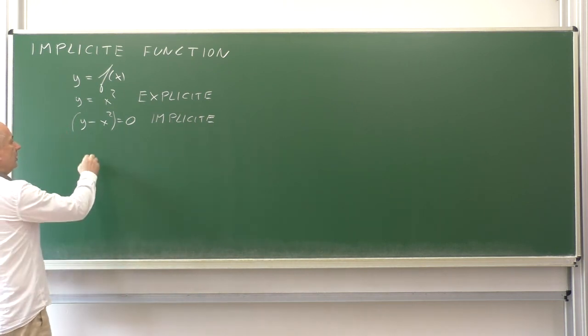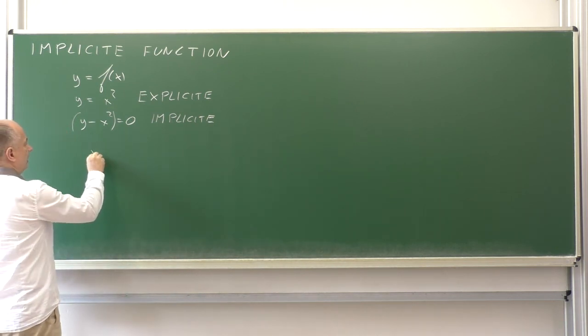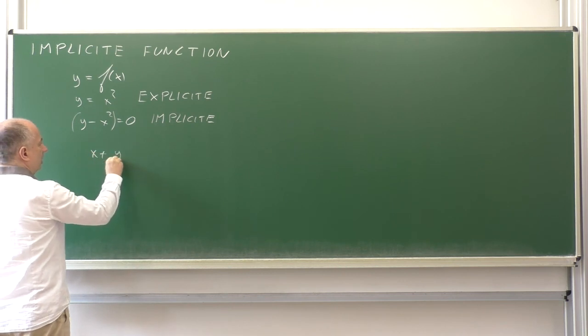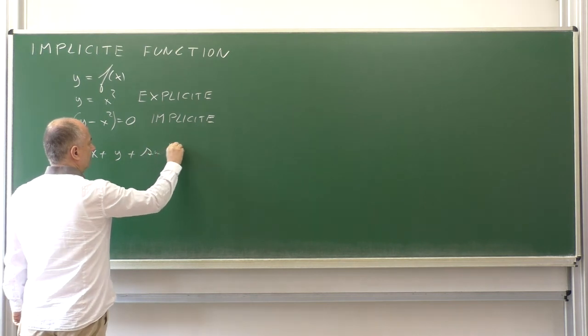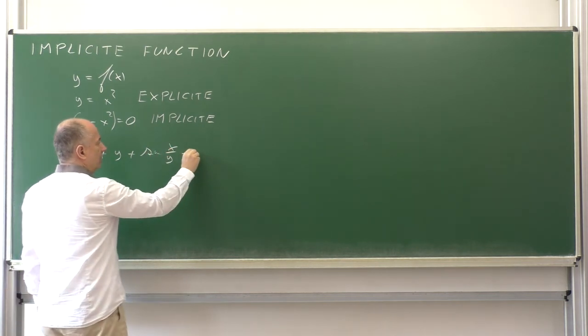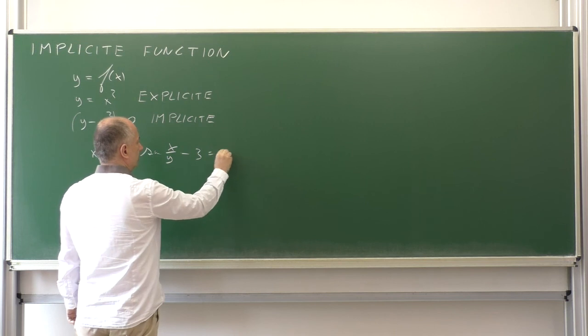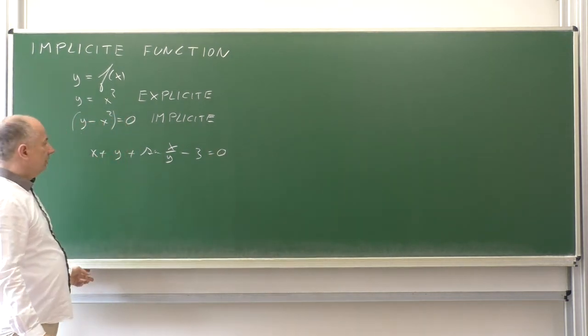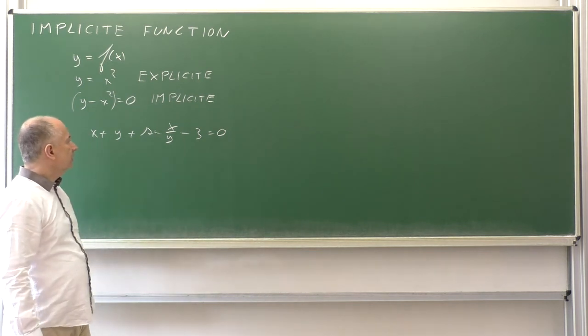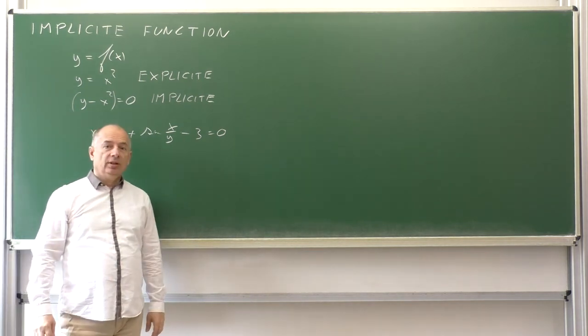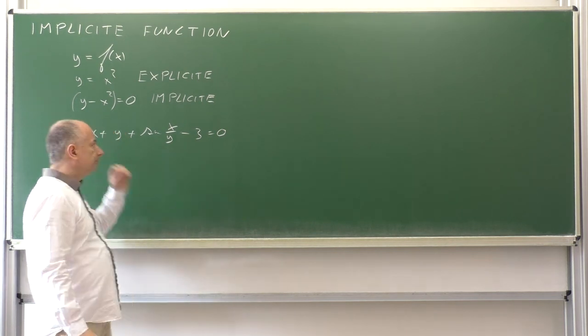Sometimes it is not so easy. If we have, say, x plus y plus sine of x divided by y minus 3 is 0, then there is no way to write the function in the explicit way.